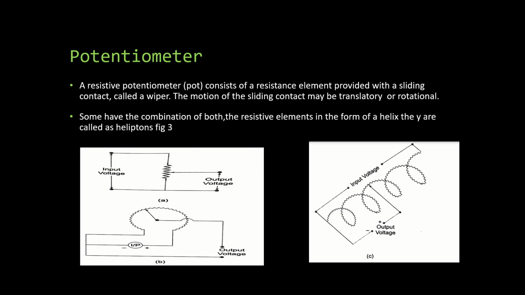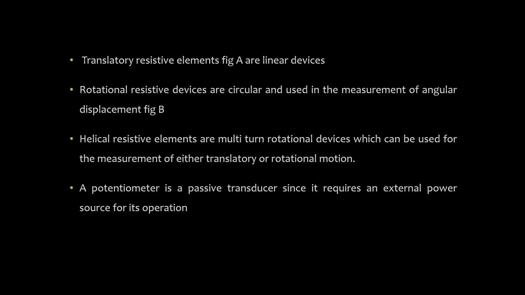Rotational resistive devices are circular, which is shown in figure B, and can be used for the measurement of angular displacement. Helical resistive elements are multi-turn rotational devices which can be used for the measurement of either translatory or rotational motion.